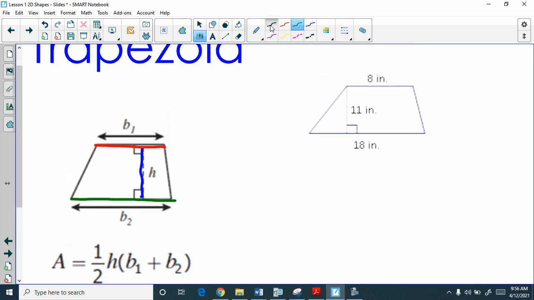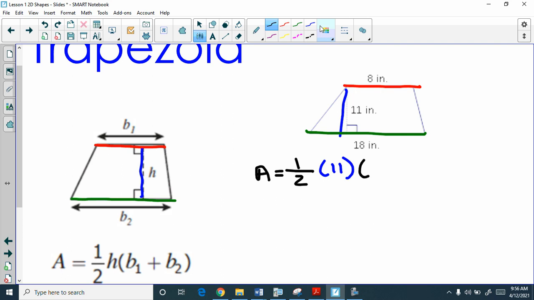So if we come up here and we try and find our area, we're going to have 1/2 times the height, which is 11, and then times base 1 plus base 2, 18.